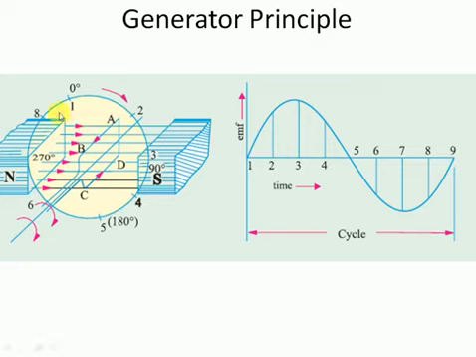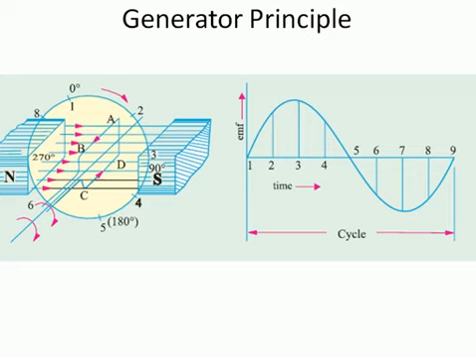While considering this position 1, this coil side AB is lying parallel with the lines of flux, or when this coil side AB is moving through position 1, it will be sliding along the lines of flux. So the flux linkage will be maximum. Hence, since the flux linkage is maximum, the rate of change in flux linkage will be minimum, that is actually 0.